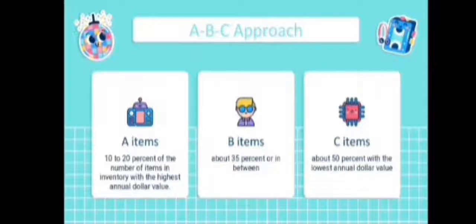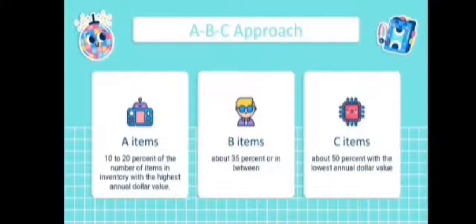For instance, A items should receive close attention through frequent reviews of amounts on hand and control over withdrawals, where possible, to make sure that customer service levels are attained. The C items should receive only loose control, or a two-bin system, or bulk orders, and the B items should have controls that lie between the two extremes.